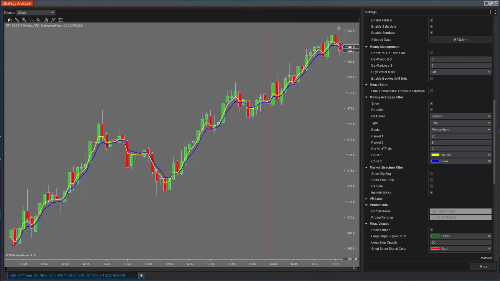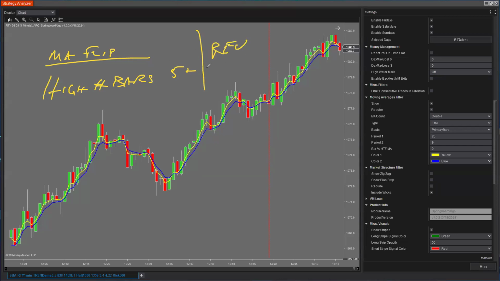So if you are a reversal trader or you like to trade bounces, you can set the moving averages flipped. Then you're going to set a high number of bars, and you're probably going to want it to be 5 plus. And this will now turn this into a reversal system, which is great.